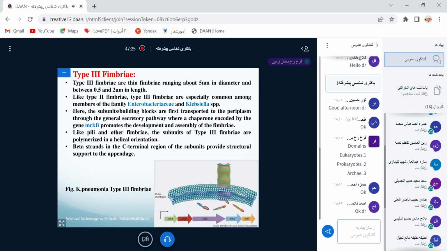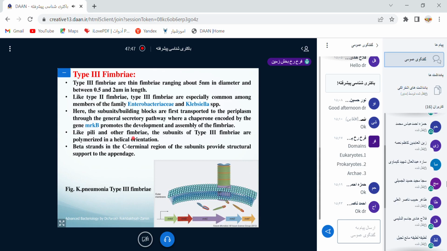Here, the subunits, the building blocks, are first transported to the periplasm through the general secretory pathway, where a chaperone encoded by the gene MrkB promotes the development and assembly of the fimbria.